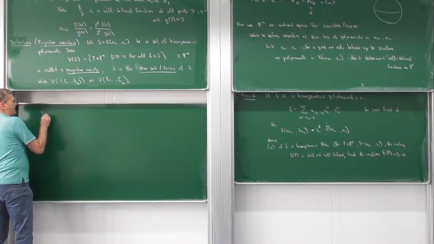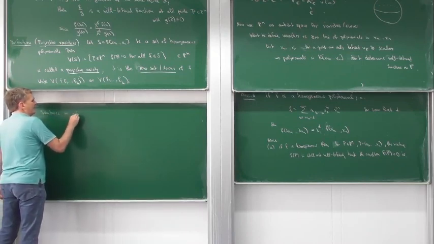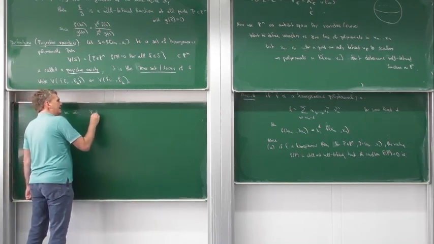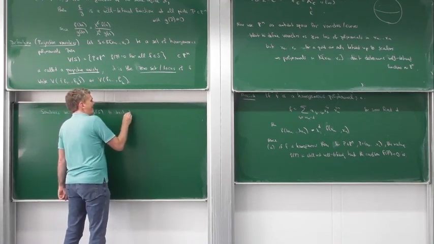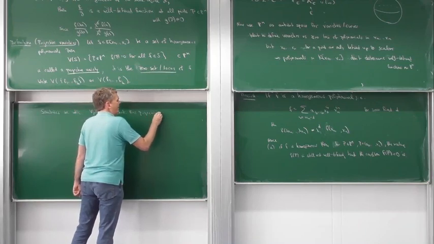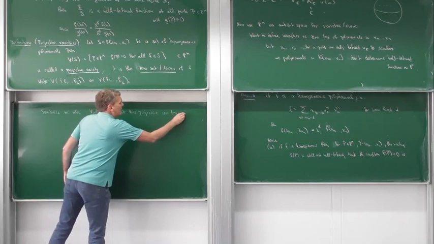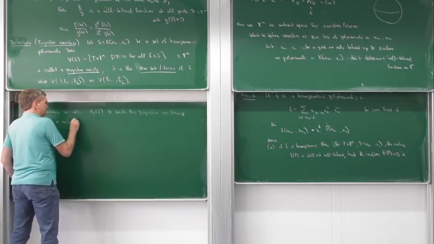So sometimes you write V_P of F to denote this projective zero locus, in order to distinguish it from the affine one.